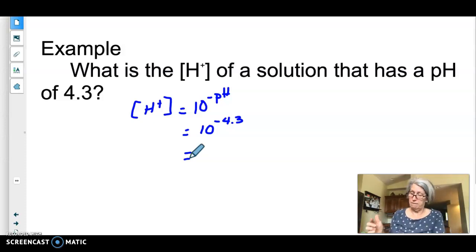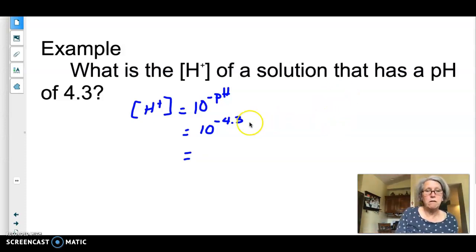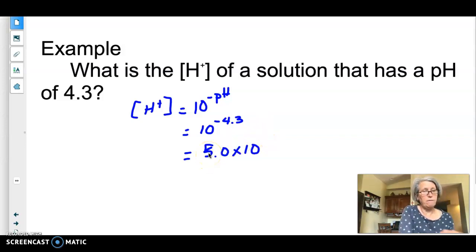I end up with 5.0, so it's 5.0 times 10 to the negative 5. And the unit for this would be molar, okay? And that's how you do those calculations.